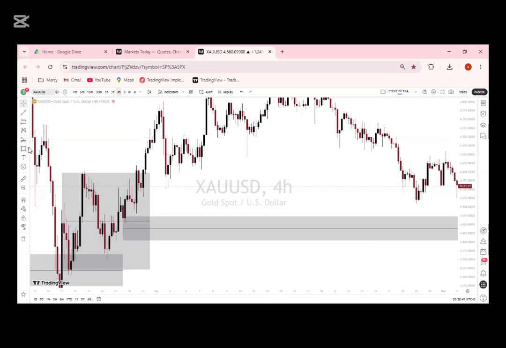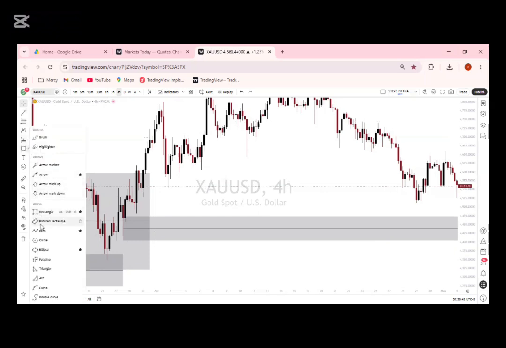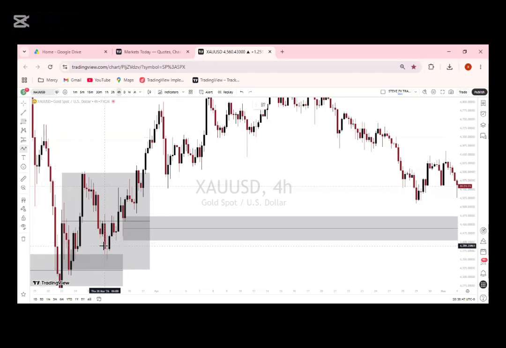If we look at the moves within this order block, this is what we were seeing over here.